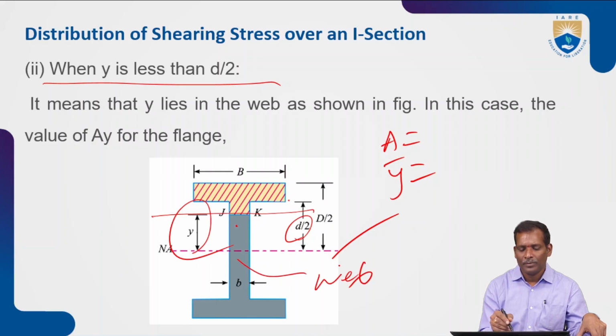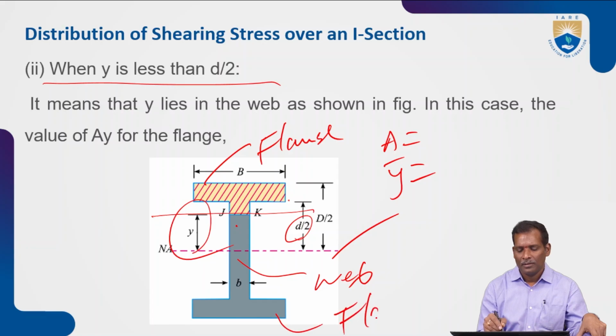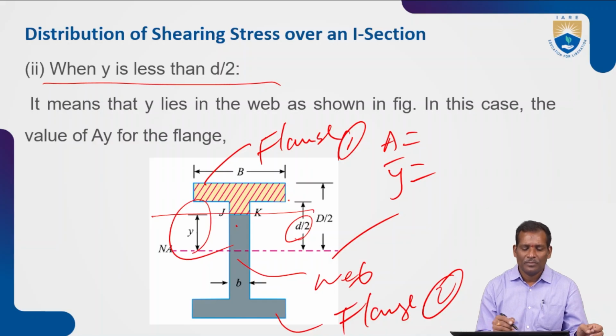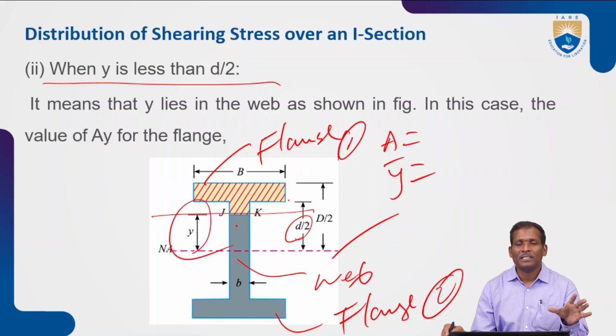Already we know this is the web, and this is flange 1 and flange 2. But previously, whenever the y is greater than small d by 2, the y lay in the flange portion. But in this case, the y lies in the web. Why? Because the y is less than small d by 2.